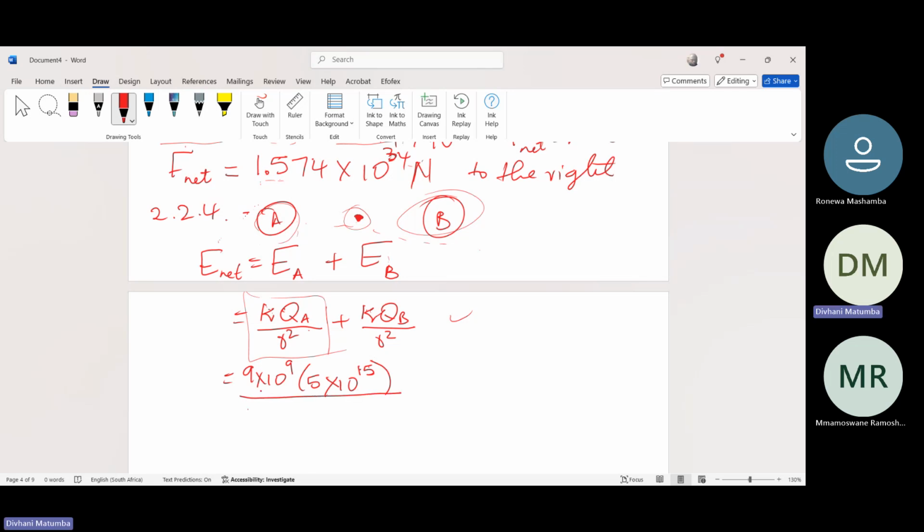what will be the distance R? Mam Swan, which is halfway.